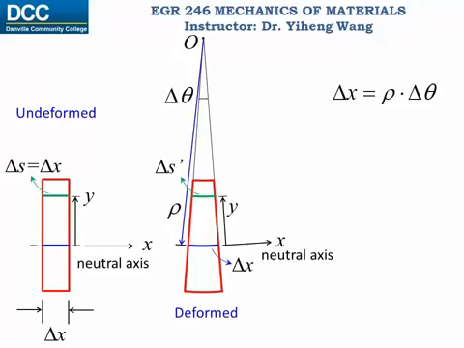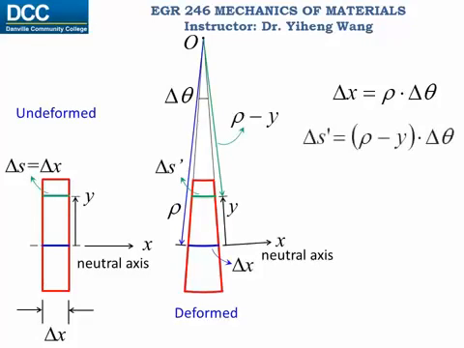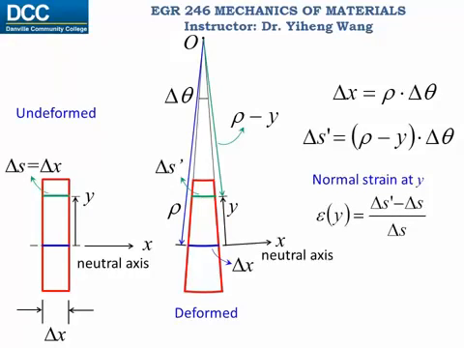For delta s prime, its radius of curvature is rho minus y, and the length of the arc is rho minus y multiplied by delta theta. Therefore, at position y, the normal strain epsilon equals the final length delta s prime minus the initial length delta s before deformation, divided by the original length delta s before deformation.